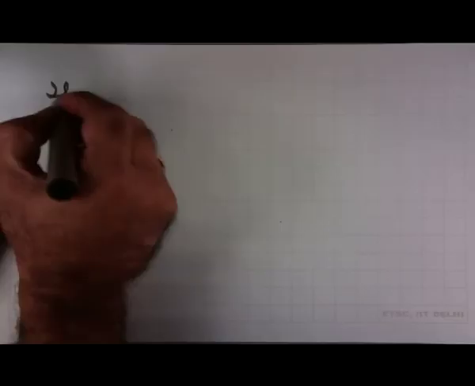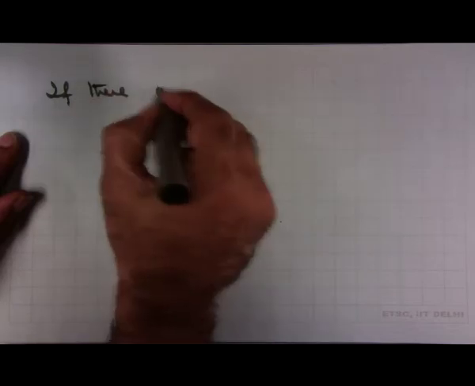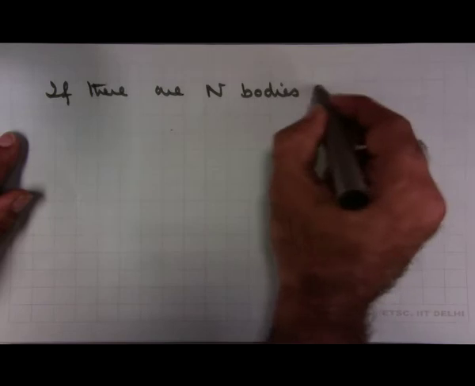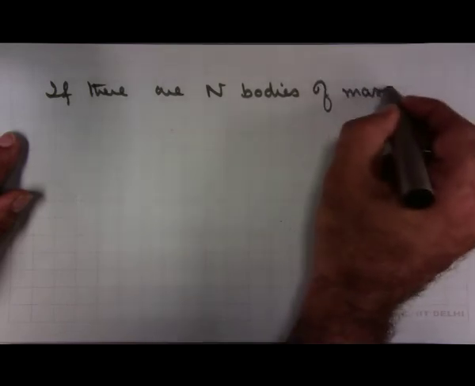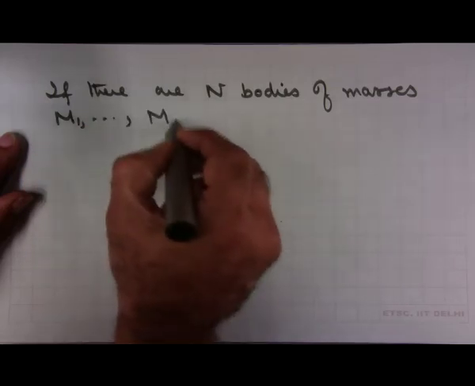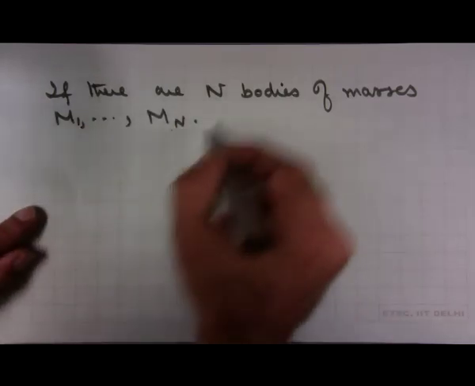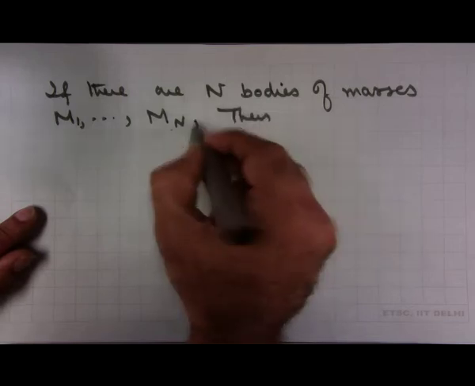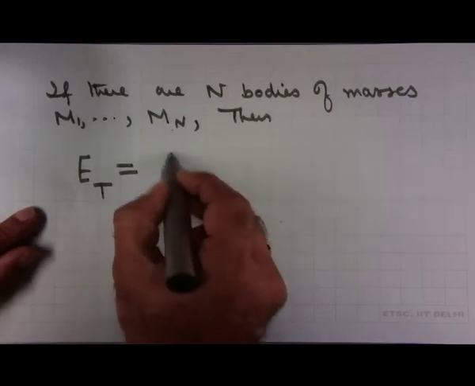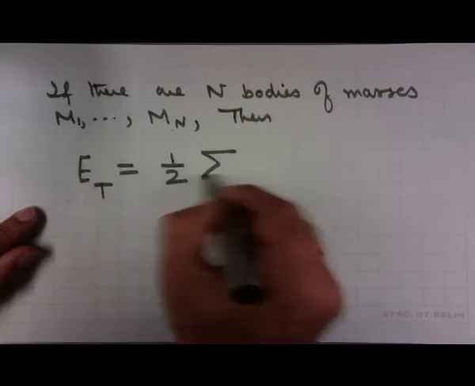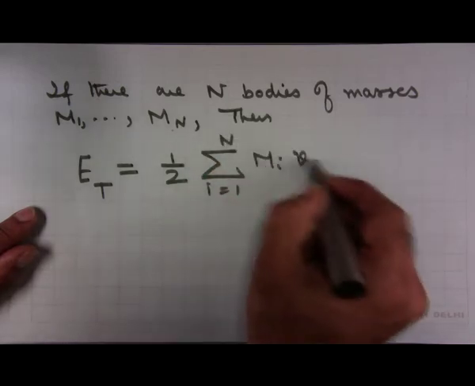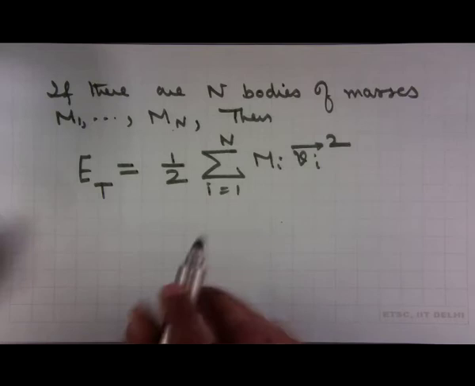If there are n bodies of masses M1, Mn, then my total energy Et is half, i equal to 1 up to n, Mi Vi squared, is what I have.